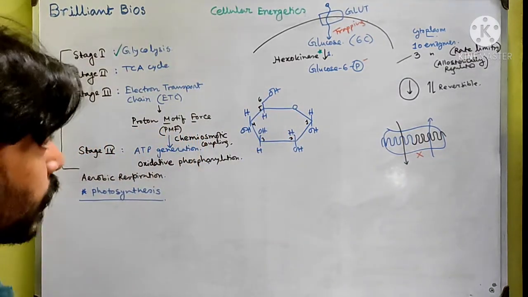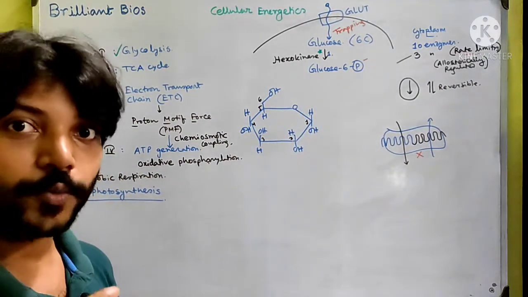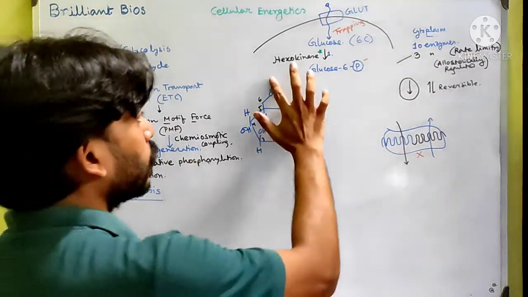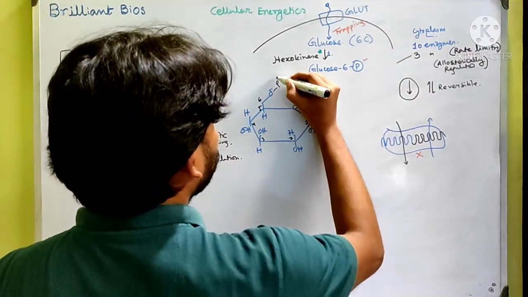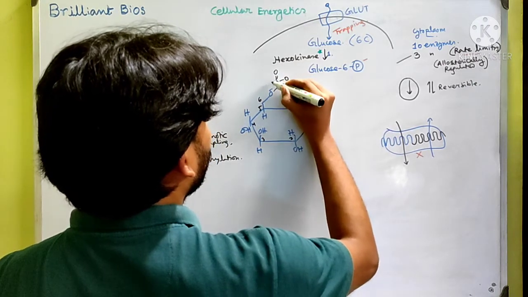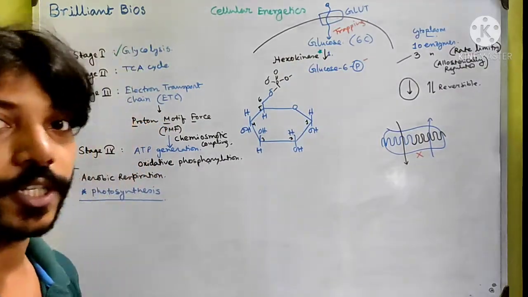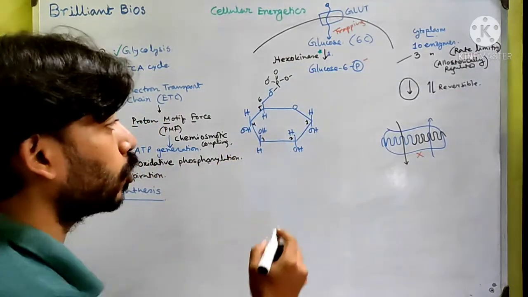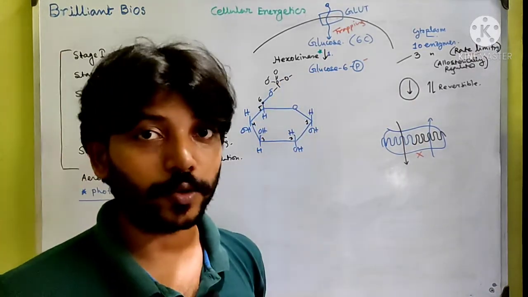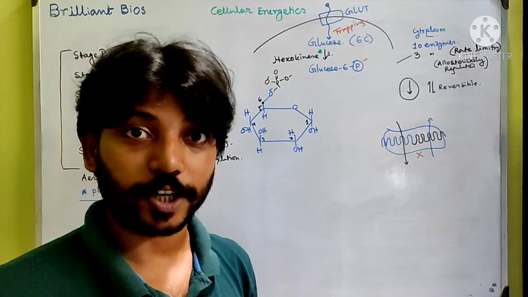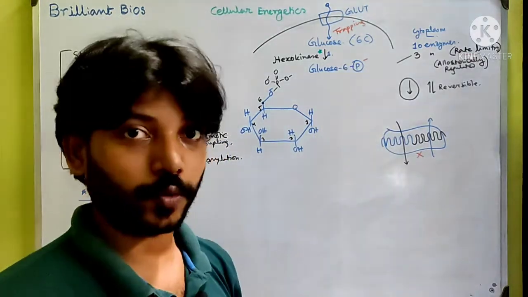Now what happens here? You can see the glucose 6 position is added with a phosphate group. So this hydrogen is removed, and a phosphate group is added. So this oxygen remains negatively charged, so this glucose 6 phosphate, because this is a 6 carbon molecule, gets a negative charge, and any ions or any charged particles cannot move through the uniporter. So by this way it traps the glucose.